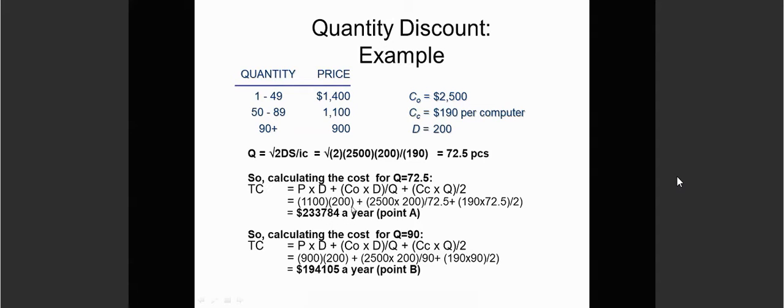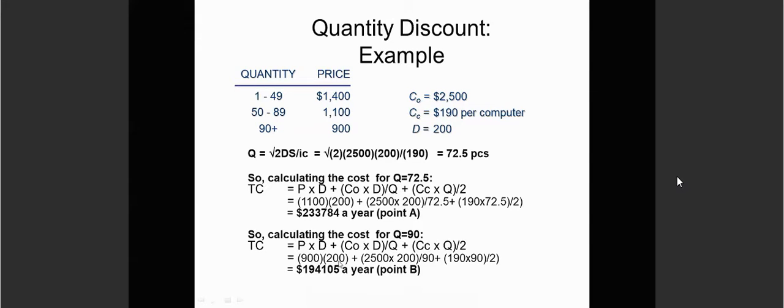The next step is to consider the lowest price, based on the quotation price here. The lowest price is at Q equal to 90 units. So the price for Q equal to 90 units is 900 multiplied by 200.